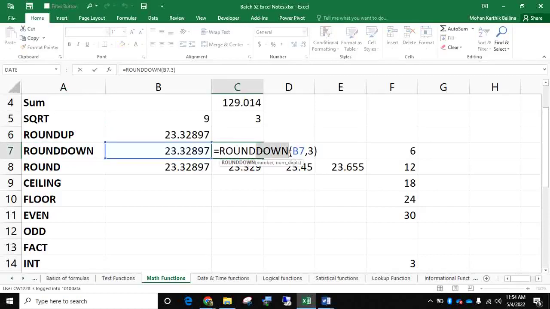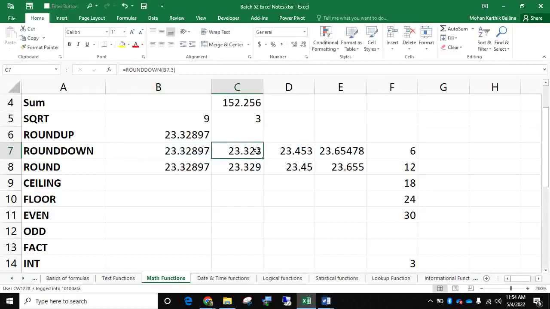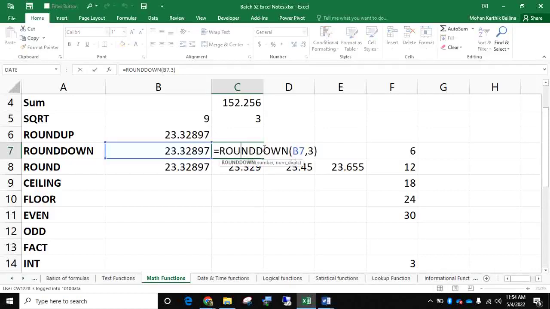You're forcefully saying round down. That means even though it is near to 9, it will go down to 8. You got my point, right? Even though it is near to 9, we are forcefully saying please do the round down. That's why it went back to 328.